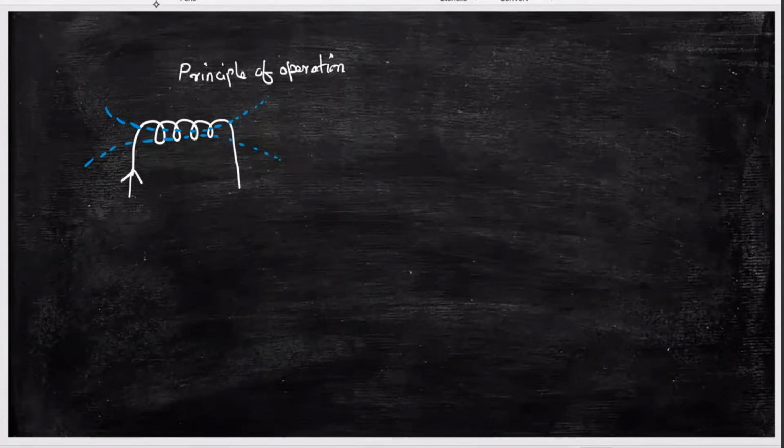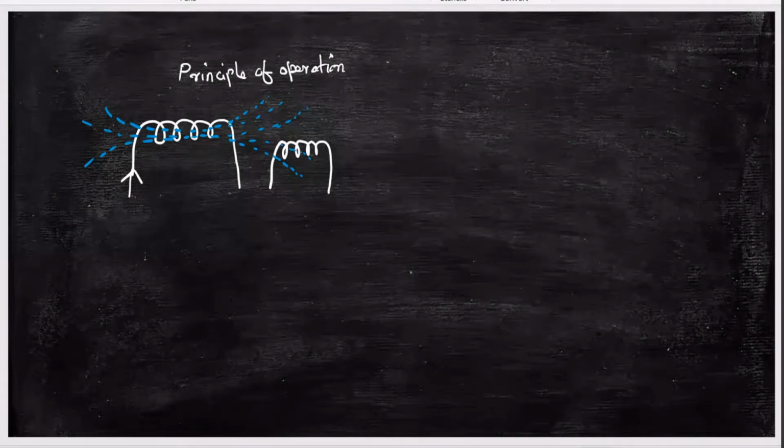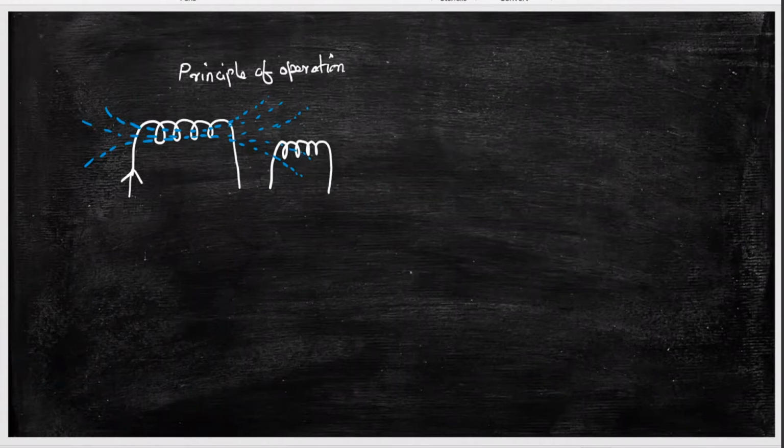Now, if you bring another coil and keep it in the influence of this flux, keep the other coil in the influence of the first coil flux, then if you connect a voltmeter across this, you can find some voltage is being induced in this coil.